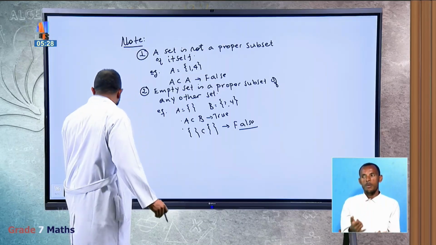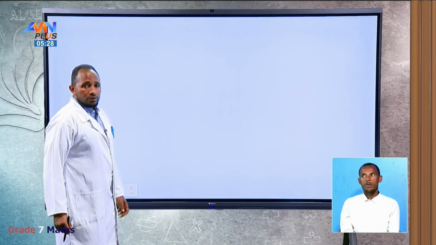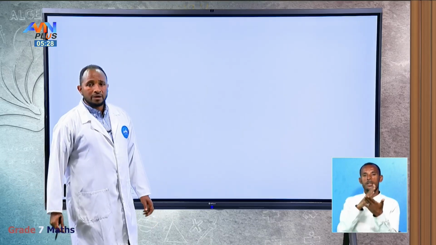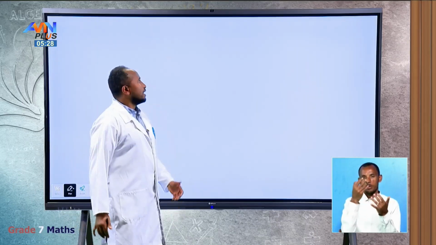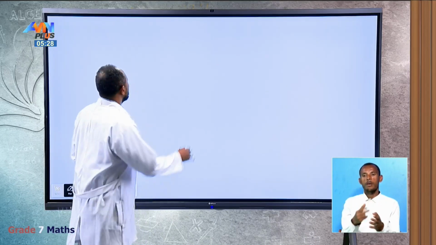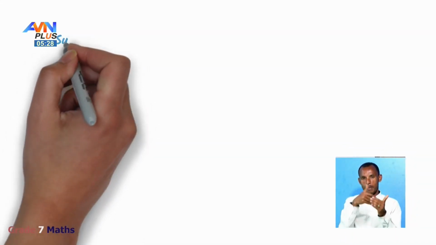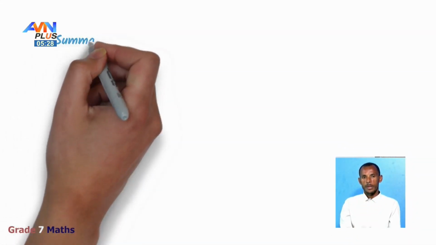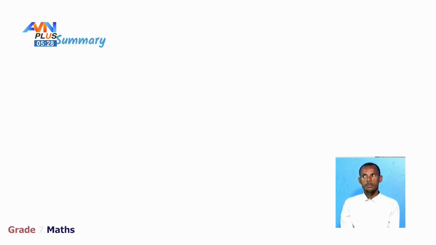Now, this is all about today's lesson. Just to summarize what we have seen today, let's see the main points. Summary. We started from equal sets.